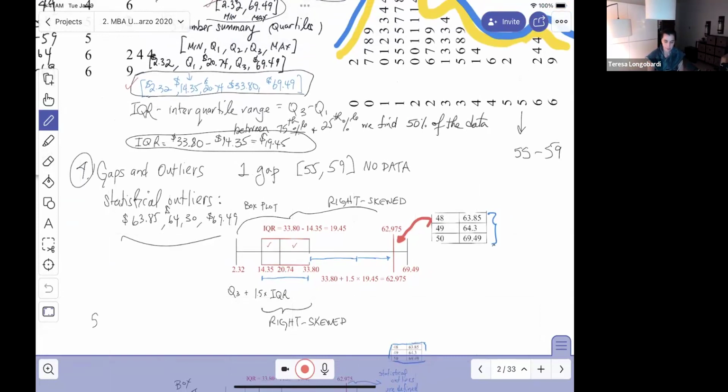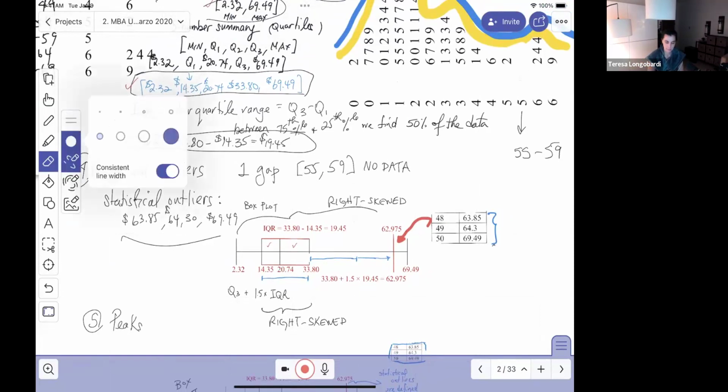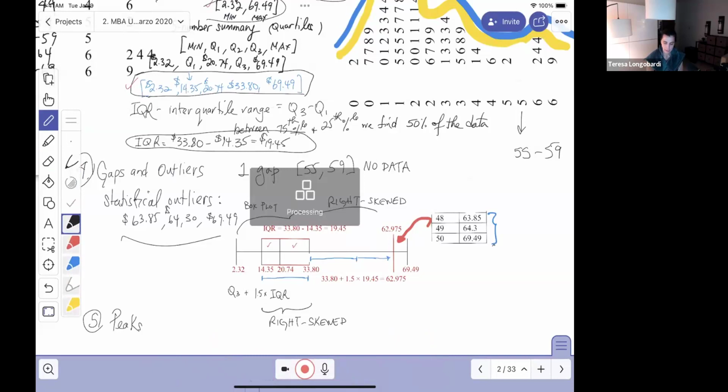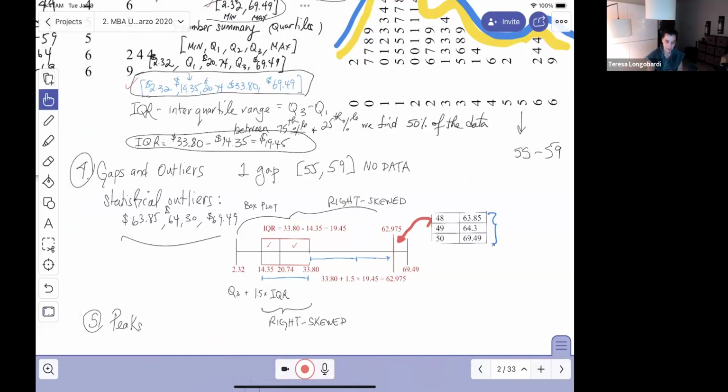The 5th is to talk about peaks. You need to identify the class where the peaks are. So what class has the peaks?